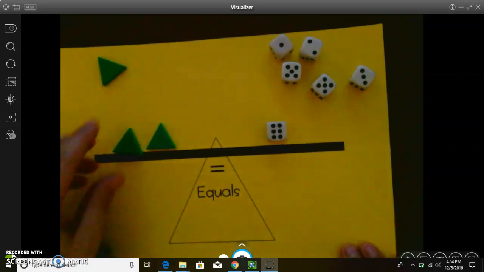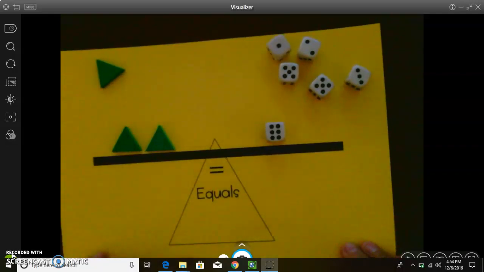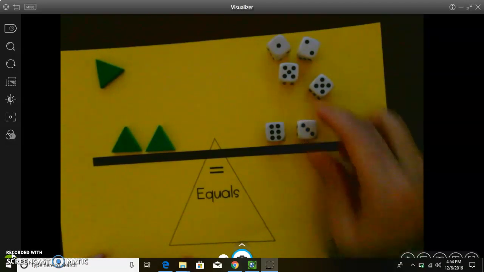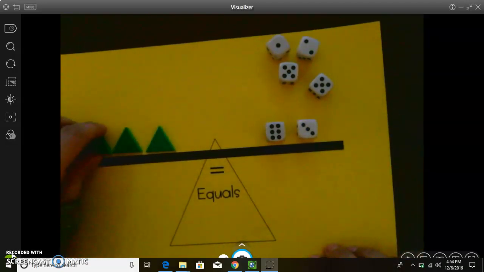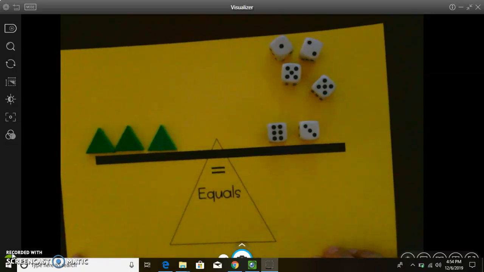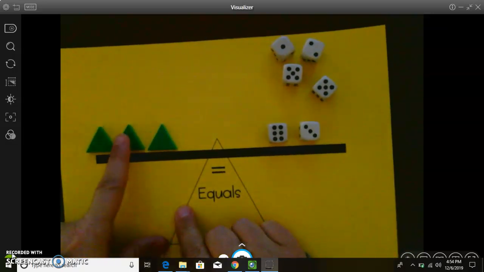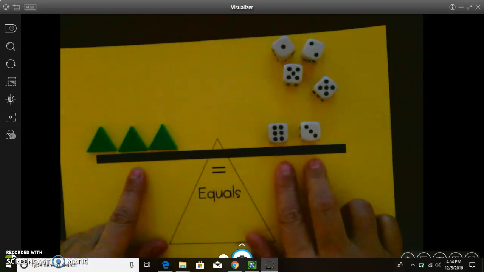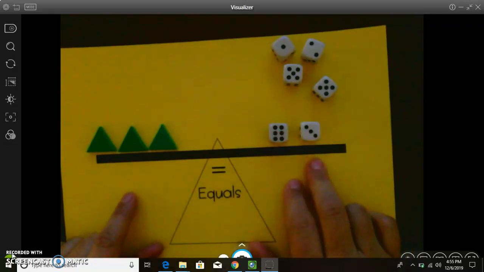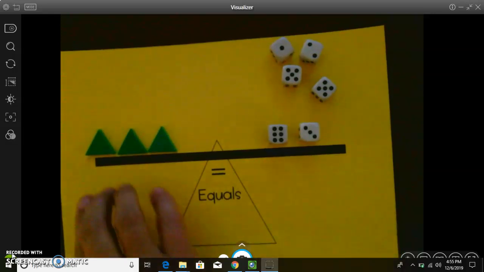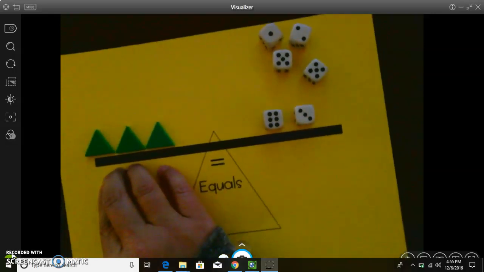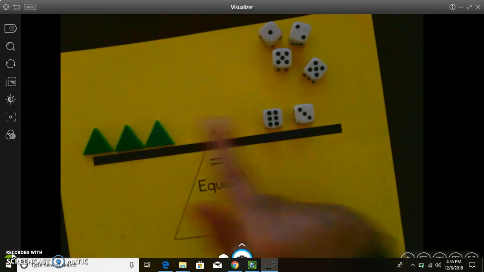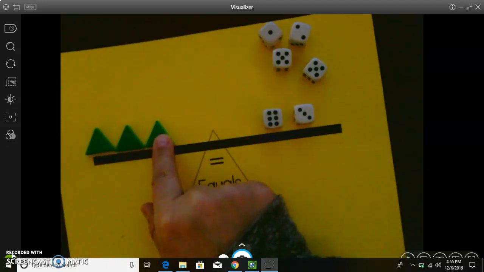Okay, so we're going to do something just a little bit more difficult this time. I'm going to put a 3 here, and I'm going to add another unknown or another variable. So we have 3 pawns on this side, and then we have the number 9 on this side, because 6 plus 3 equals 9. So what could our variables equal? We could start with 1, which would be kind of crazy because 1 plus 1 plus 1 is 3.